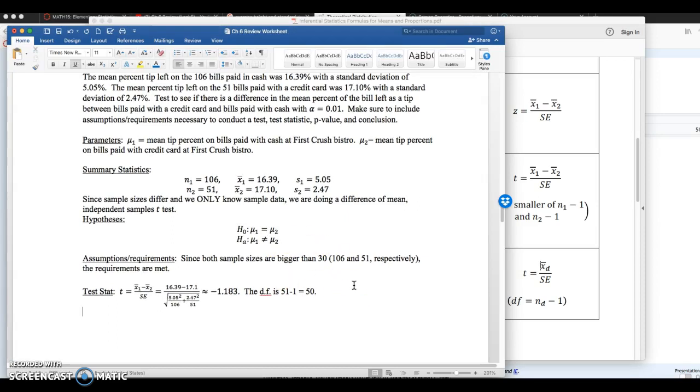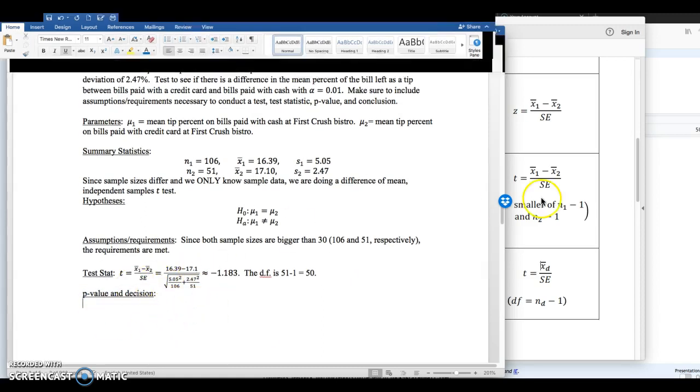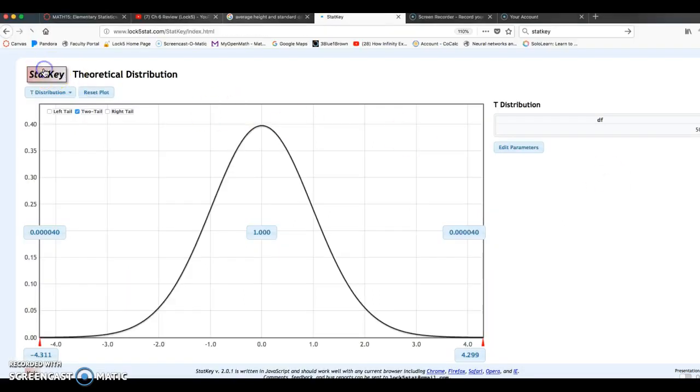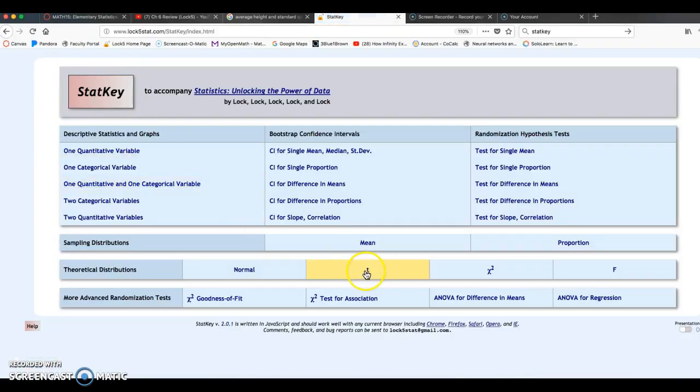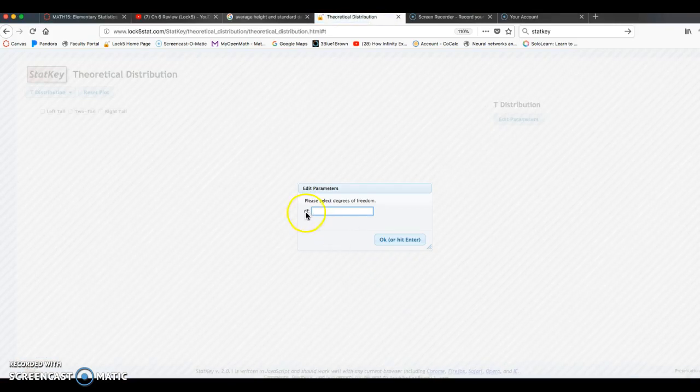So we need that to get my p-value and decision. To get the p-value, I need to go to the stat key and look at the t distribution. I'm going to go out to the main screen, click on t distribution. I have 50 degrees of freedom.